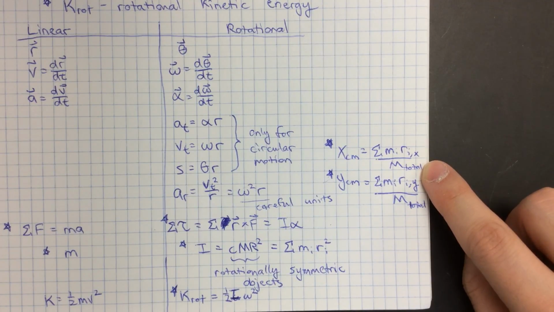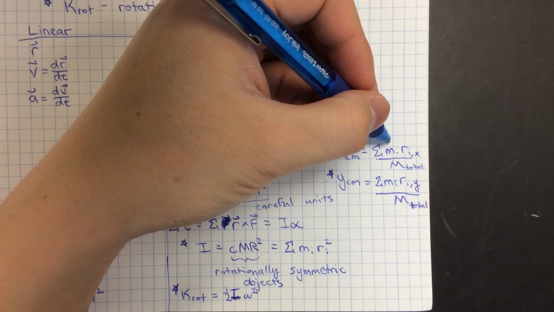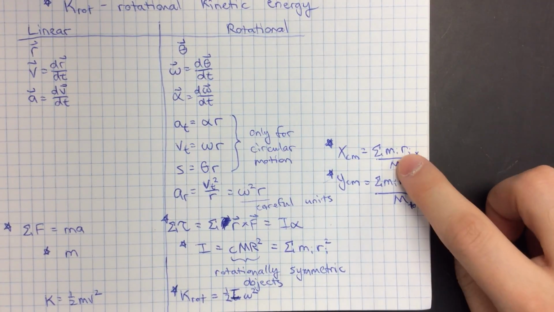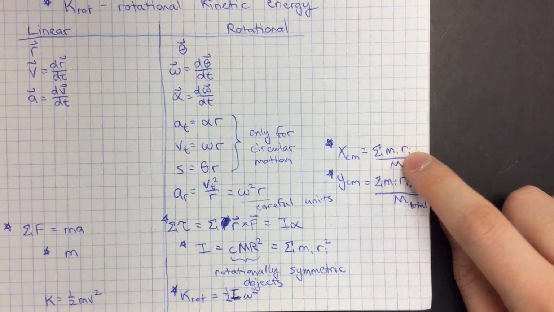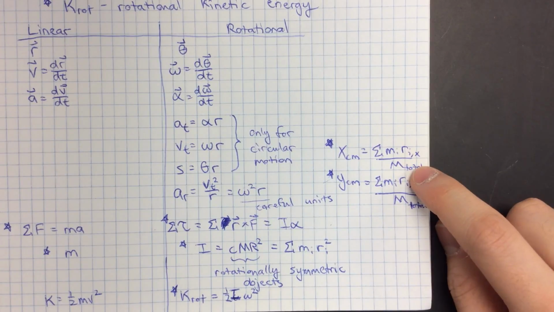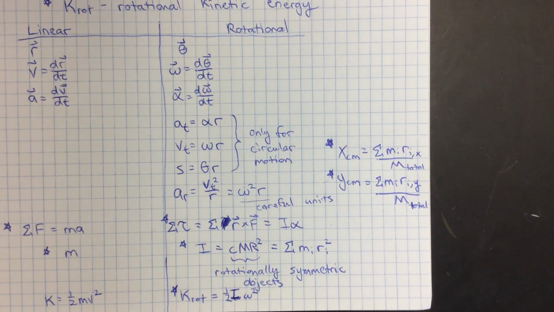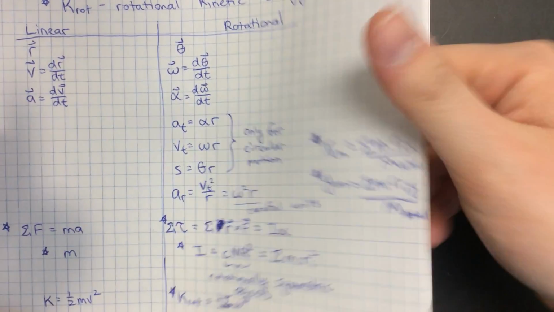When you take the sum of positions with a factor or a coefficient, and you divide by the total, it's kind of like a weighted average, right? If you're looking at the positions of a bunch of objects weighted by how massive those objects are, and you divide by the mass of the entire system, that ends up giving you a weighted or preferenced position, right? So, all right, let's take a look.